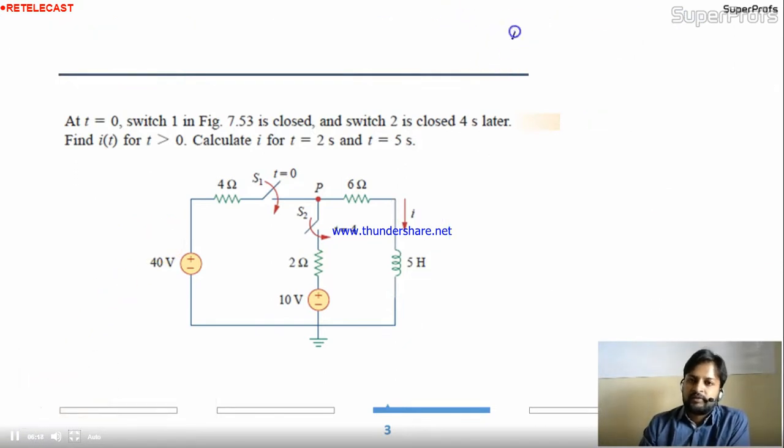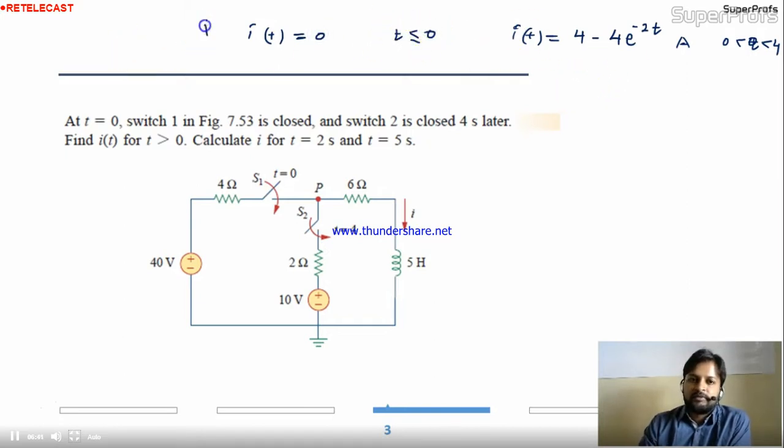Okay. Your current I(t) is 4 minus 4 e to the power minus 2t ampere. But please remember, this current is for the region t 0 to 4 only. Okay. And what was the current for t less than 0? It was 0. We calculated it, right?